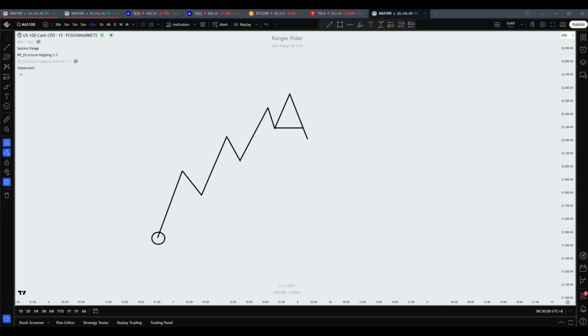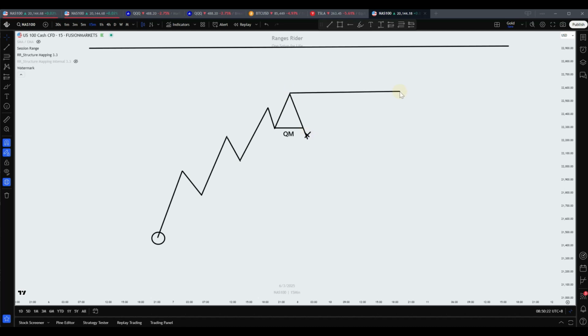But it took the QM here. Now if the price is somewhere in the middle and has not approached some level or point of interest, of course we are looking for buy here, and we are targeting this one as a range high, and this is our break of structure.